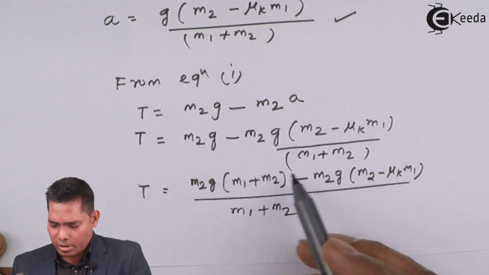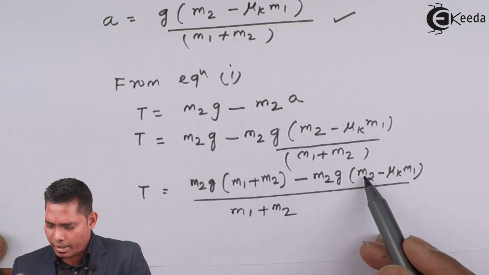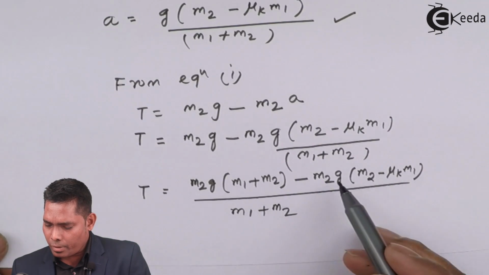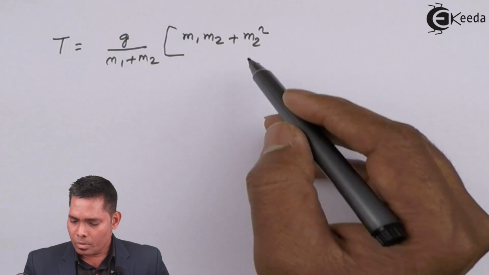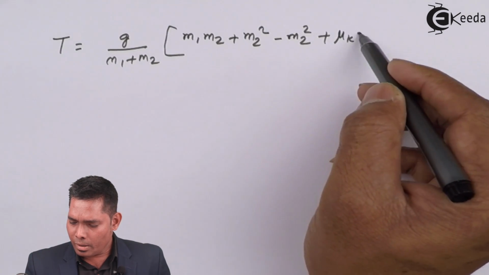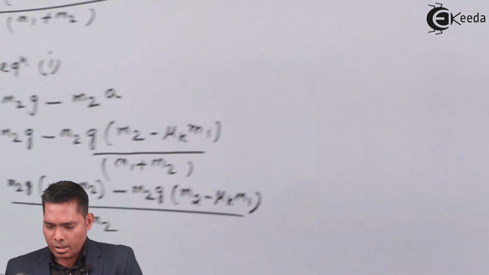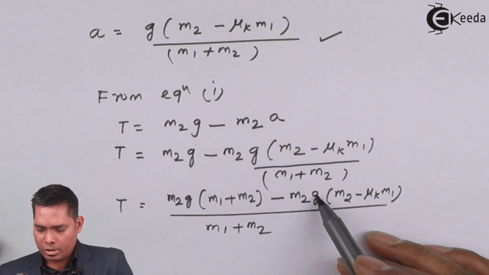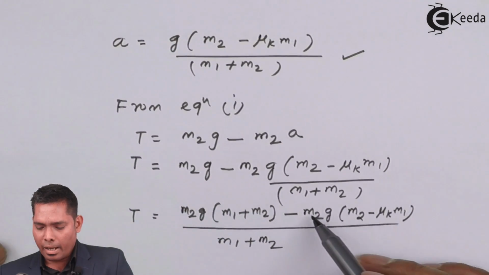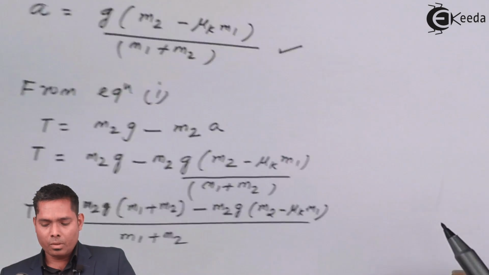Similarly, g is there, this has gone out, minus m2 square, and if this goes inside and I remove the sign, this will become minus m2 square plus mu k m1 m2. You can see here that if I multiply, g is not there, this will be m2 square, and this minus minus becomes plus, and this is m1 m2 into mu k.